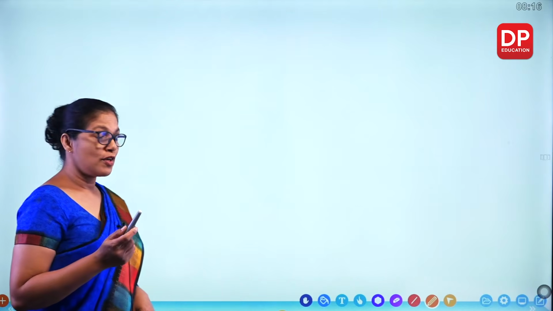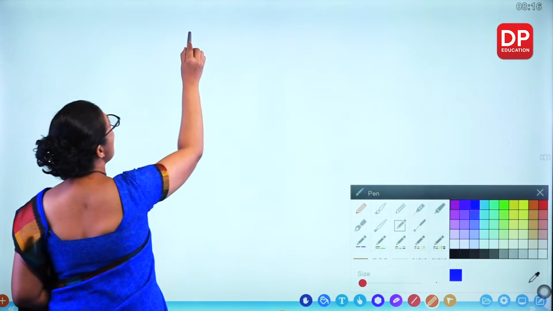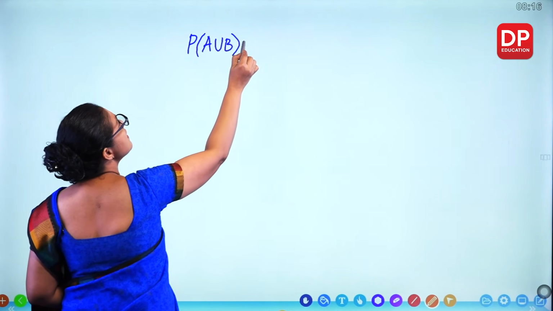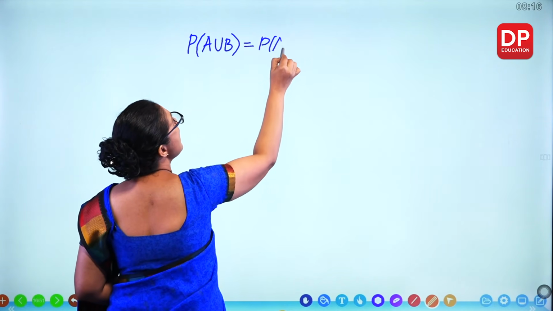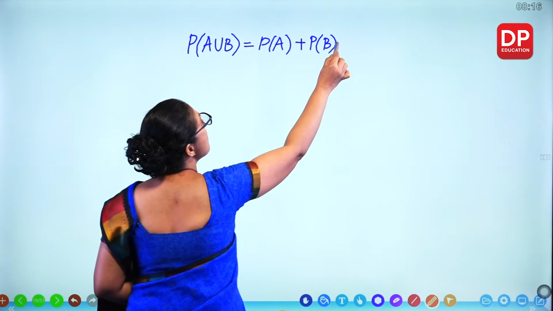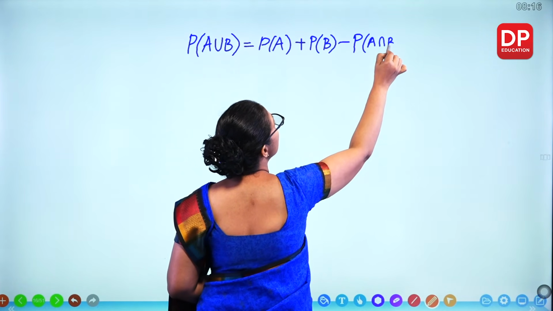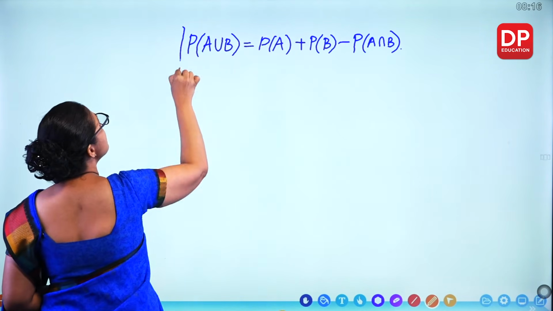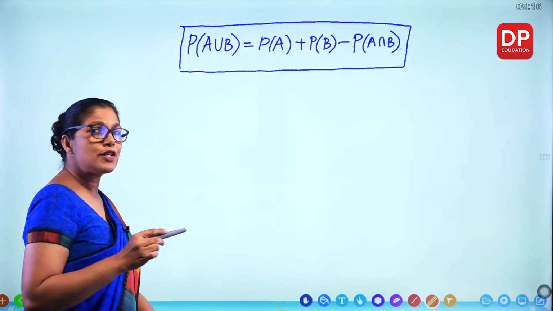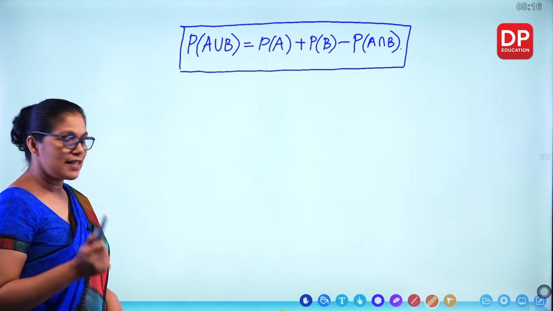Now we got a formula. What's the formula we got from the previous example? We found that probability of A union B is equal to probability of A plus probability of B minus probability of A intersection B. Can you remember a similar formula we got in sets? Now, the relationship between the number of elements in intersection and union.